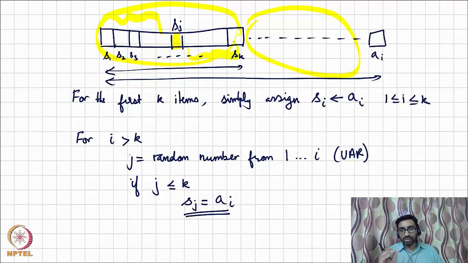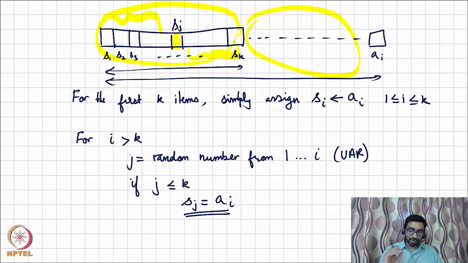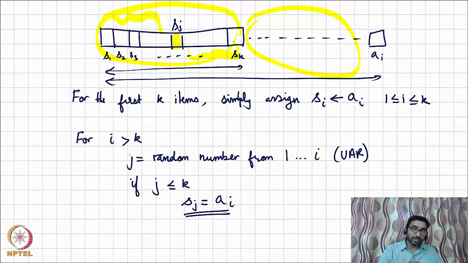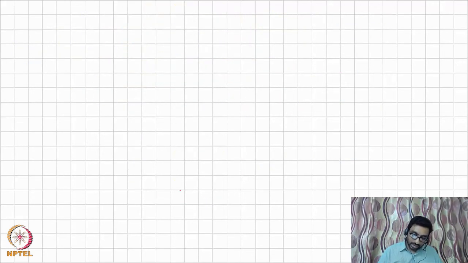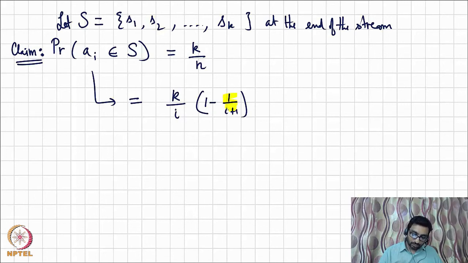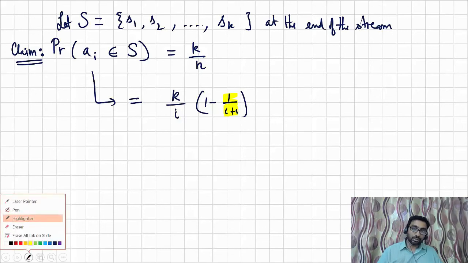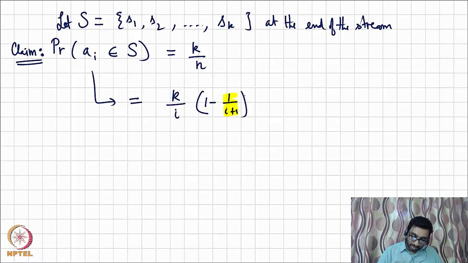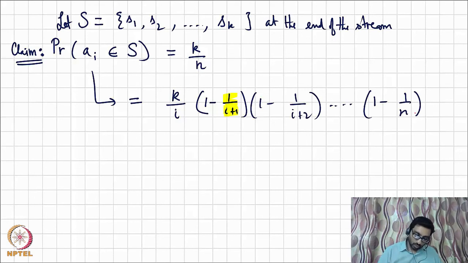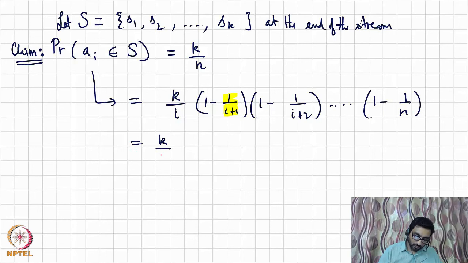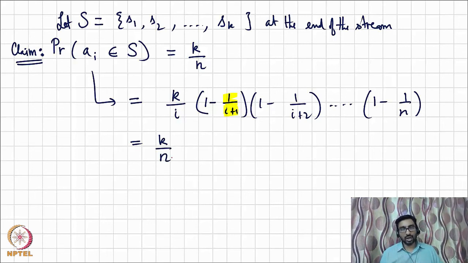The only location it should not fall into is Sj, because if it falls in Sj, then our item ai has to be evicted. And so the probability of that is 1 over i plus 1. And therefore the probability that ai gets retained is 1 minus 1 over i plus 1. And of course this has to be maintained throughout, so you get a similar telescopic product which finally will evaluate to k over n, which is exactly what we wanted.